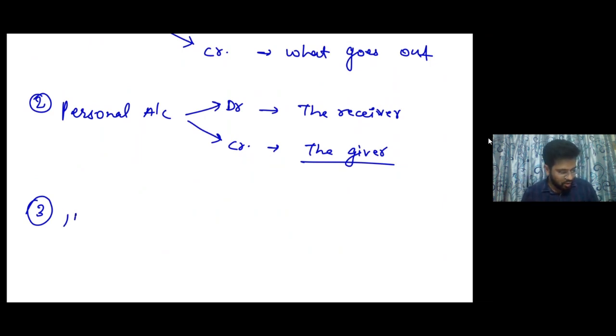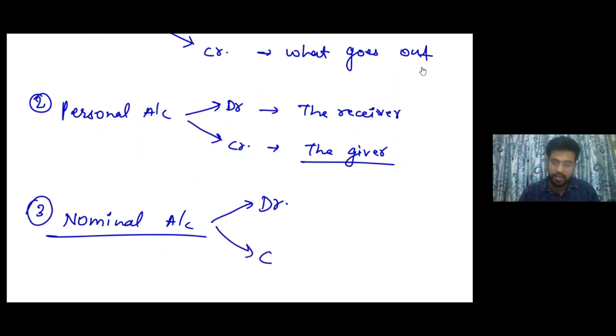This is called the nominal account. We have the real account, the personal account, and now the nominal account. What do we mean by the nominal account? We have two effects, debit and credit. What is being debited over here? The debited things are your expenses and losses.